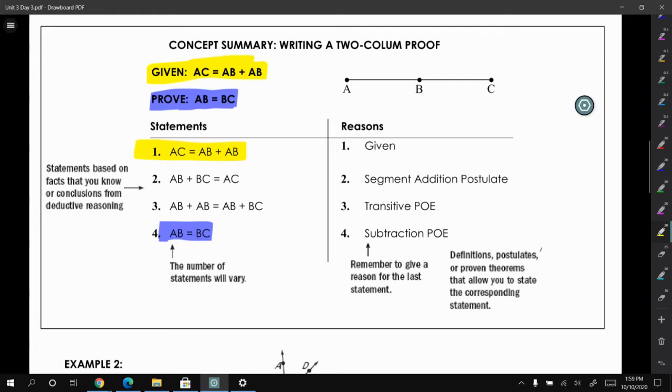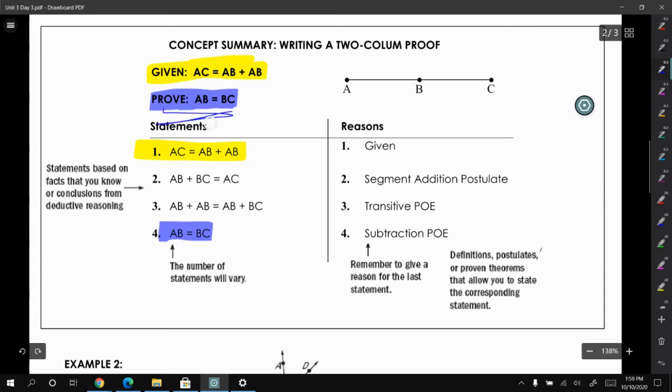So we start with our given information, and then we work towards what we're trying to prove. And we use the postulates, theorems, and properties of congruence or equality that we know to get there.